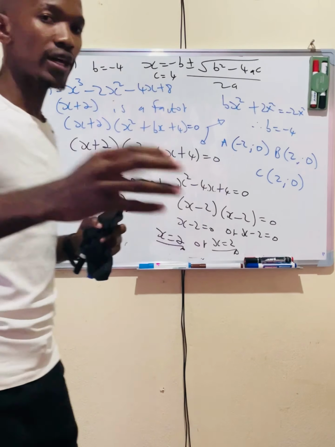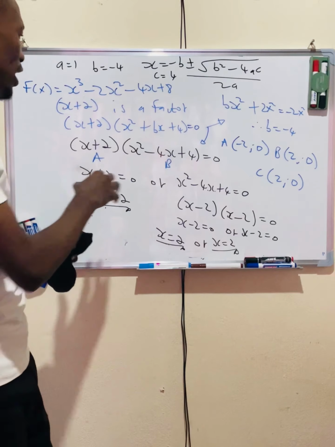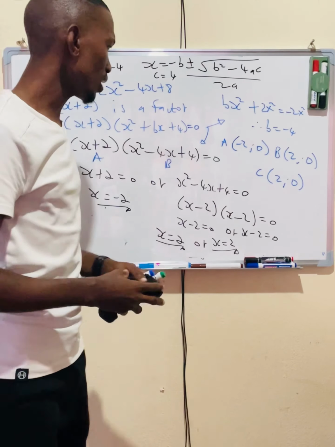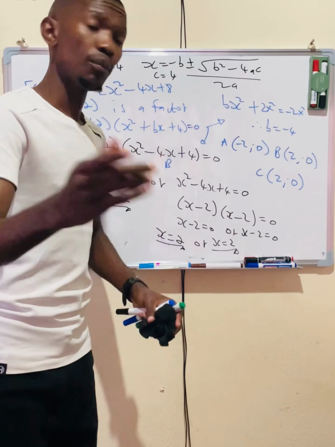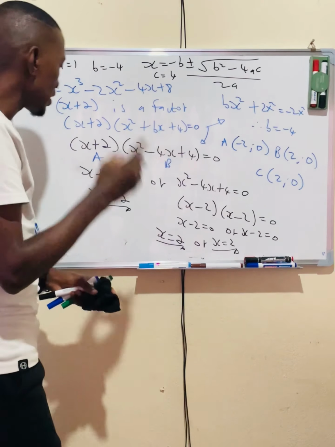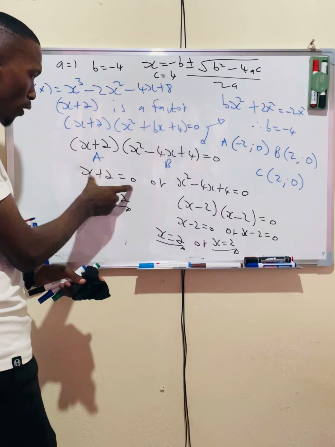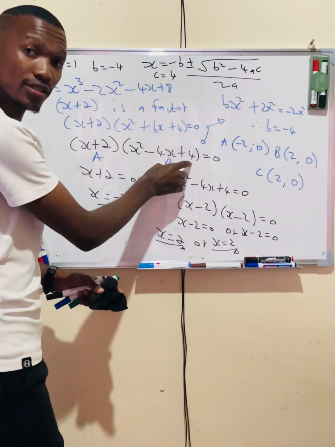So on that first video, if you really checked, I got stuck here. But now I was saying to you that if A times B equals 0, then A equals 0 or B equals 0. Our B is x squared minus 4x plus 4.